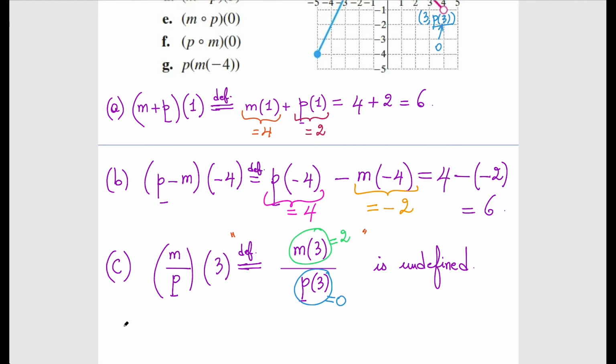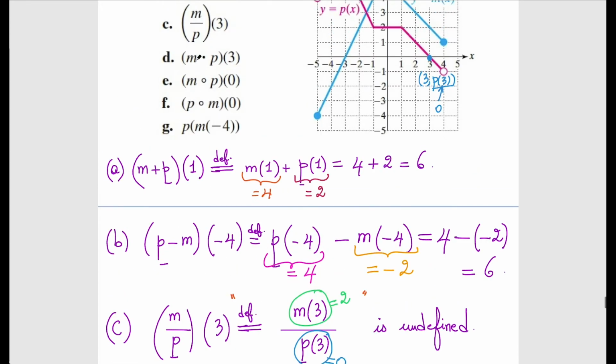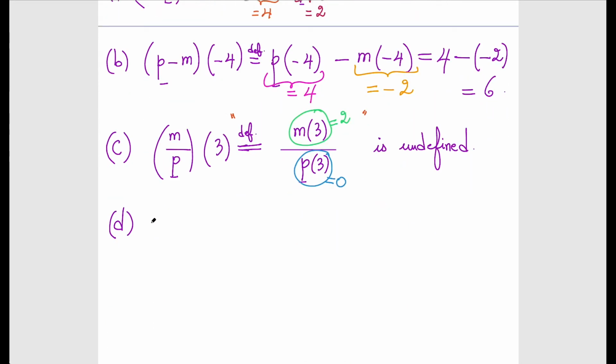Fourth part, which is the D. The D, we need M times P at 3. So M times P, this is times, not the composition, times P at 3. Okay, and based on the definition of how you multiply functions, that's M of 3 times P of 3. Correct?